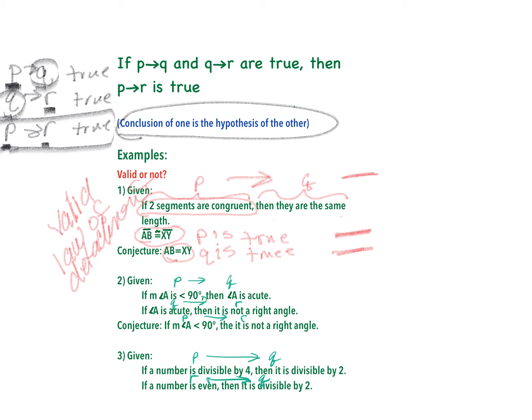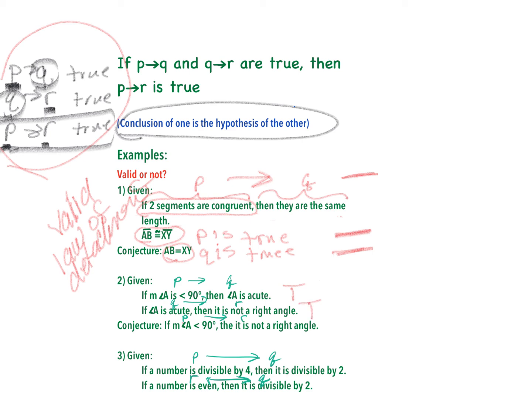Okay, this next one, number 2, if you look at it, I've already got it marked up. I've got P then Q, Q then R, and then P then R. And that is exactly what we said right here. So if the measure of angle A is less than 90 degrees, then it's acute. That's true. If angle A is acute, then it is not a right angle.